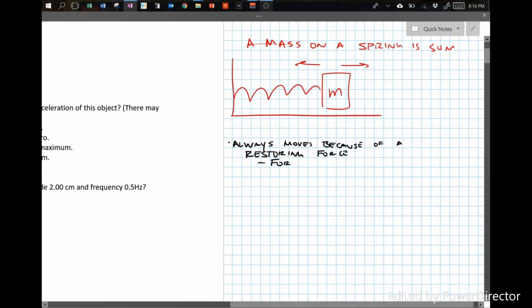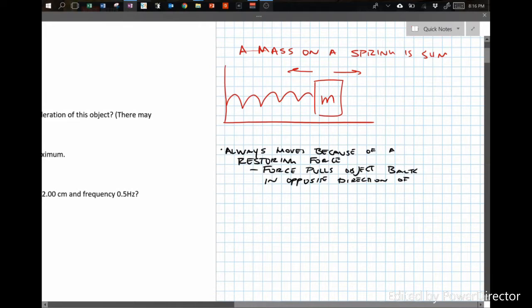All that means is that the force pulls the object back in the opposite direction of the displacement.